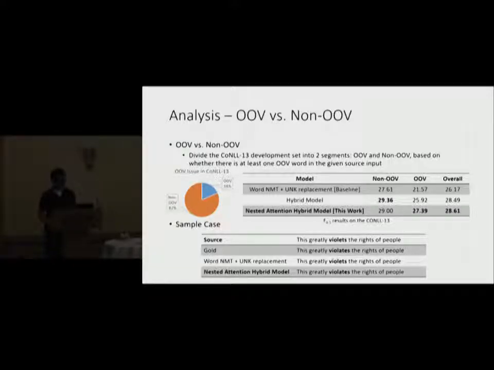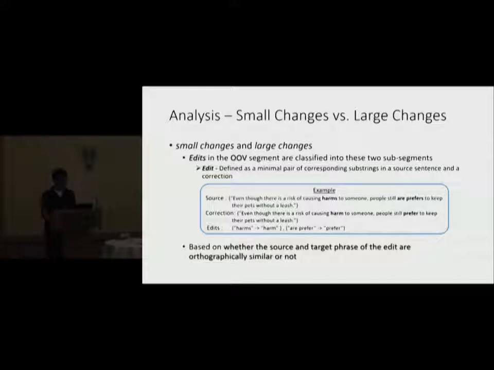If you look at the sample, the model is able to correct it to match the golden set. And when we take that OOV case, which we show with the hybrid model, we also divide it into smaller change and larger change.